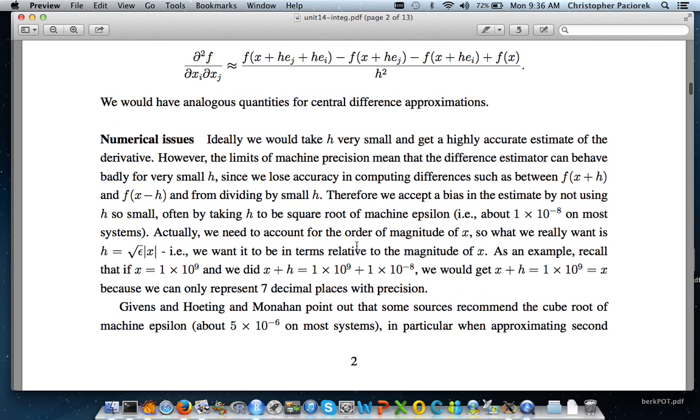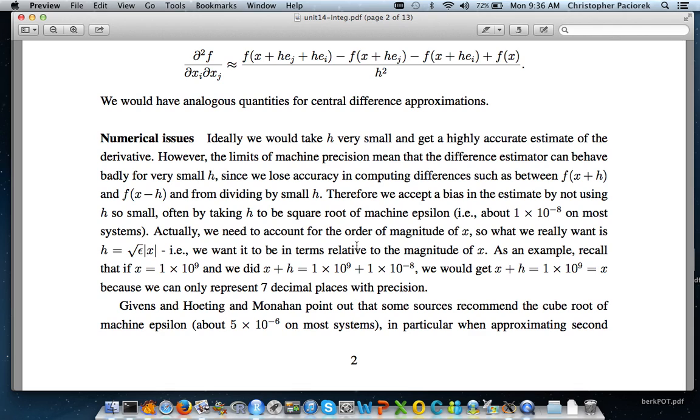Okay, so going back to the numerical issues, folks have done a lot of work thinking about what are good values to use for h. Basically we want to take h to scale with the magnitude of x, times the square root of machine epsilon. That's been suggested as a good rule of thumb.